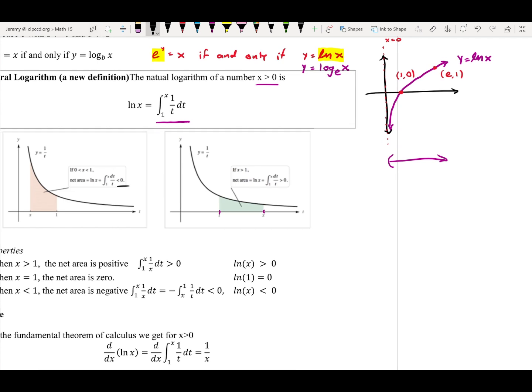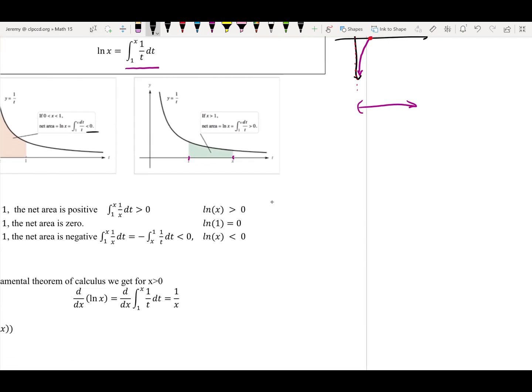Okay, so y equals 1 over t, or just to remind you, y equals 1 over x. We've seen this graph surely many times. This is one of our toolkit functions, or parent function, for hyperbolas.